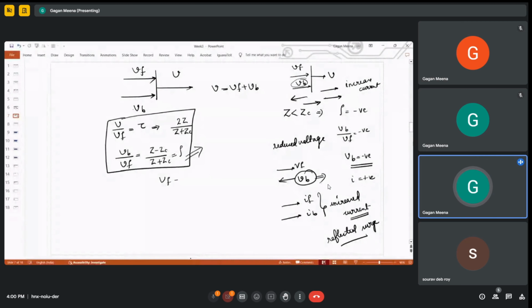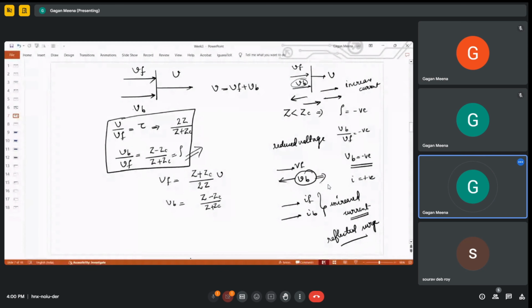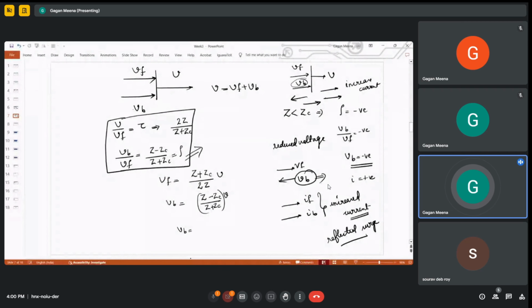How can we show that? We know that V f is equal to V into Z plus ZC by 2Z, and V backward is Z minus ZC upon Z plus ZC into V. So VB is equal to rho V, that we know.